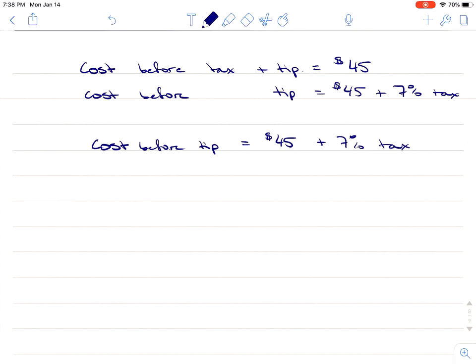So how we find that is we say 45 plus $45 times 7%. But remember, we don't use the percentages. We use the proportion, which means we have to divide the 7 by 100. So we get $45 times 0.07.